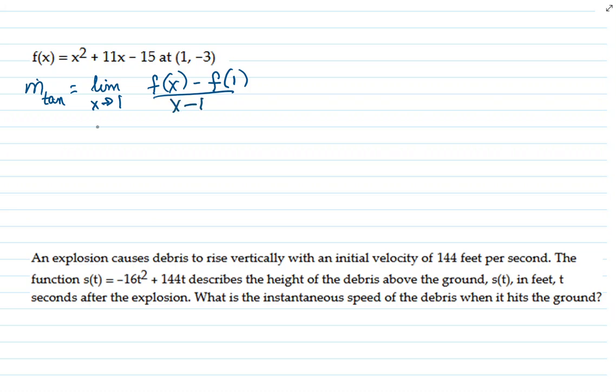I'm not going to put the limit all the time, but I'm going to put what I have: x squared plus 11x minus the 15 plus 3, because it's minus the negative 3, all over x minus 1. I'm going to simplify that.